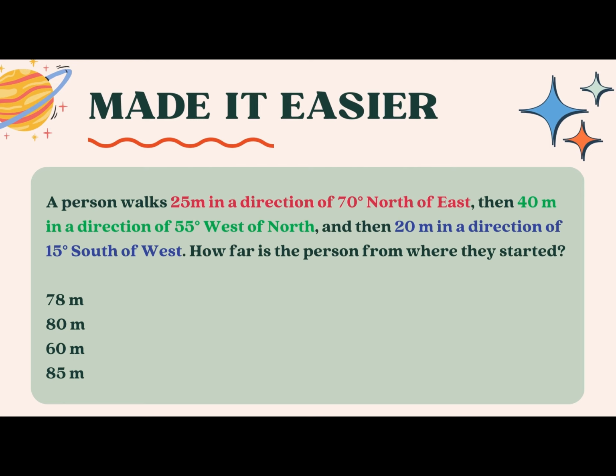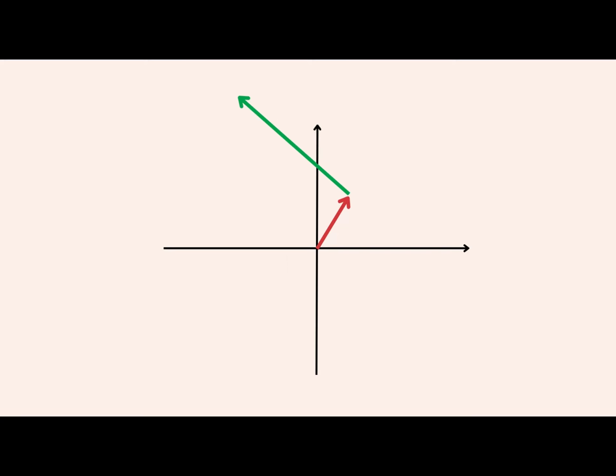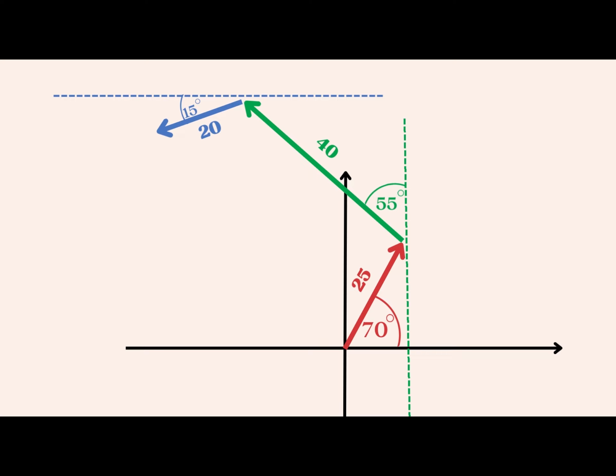They're asking you how far is the person from where they started, so they're asking you for the displacement vector. Obviously, it's in your best interest that you put the origin at 0, so you have this person start its journey from the origin, so things are slightly easier for you, and you set this up like so.